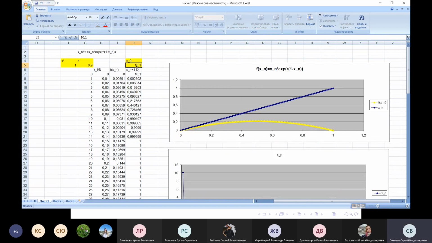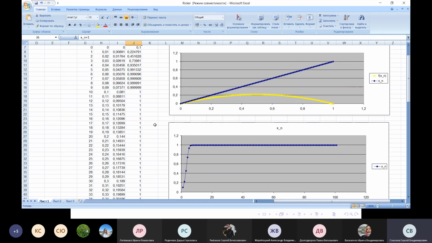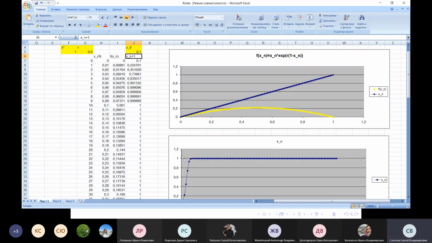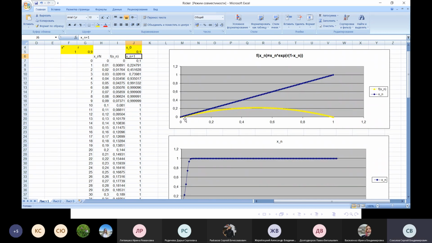So in this model, the system very quickly stabilized near 1. So it is the result of our observing. Unfortunately, I can't draw the observing with the lines, but here we can see the result of our observing.